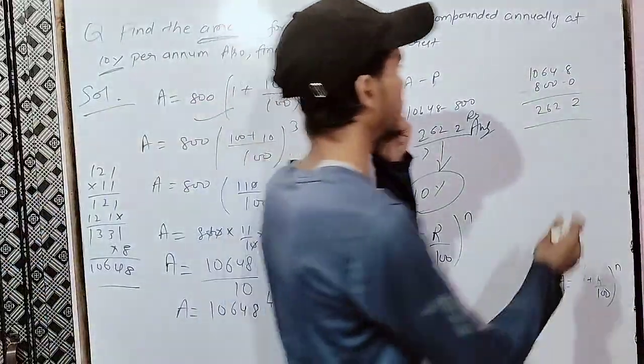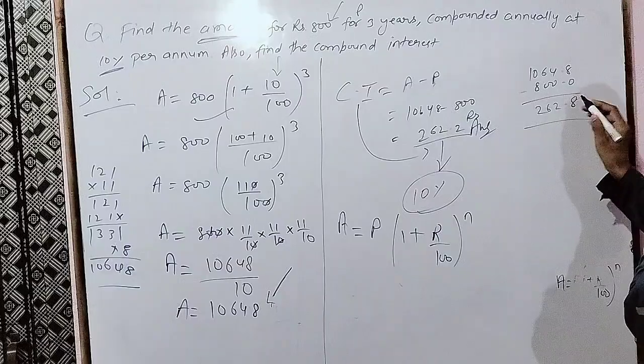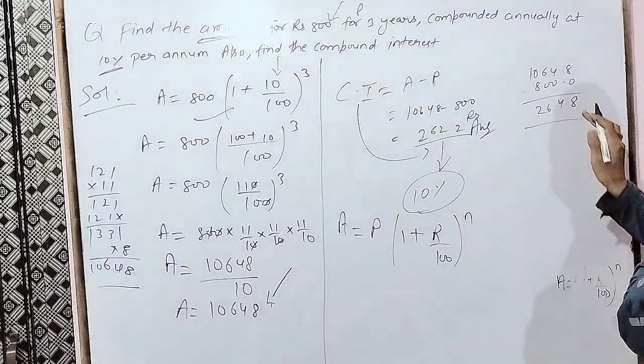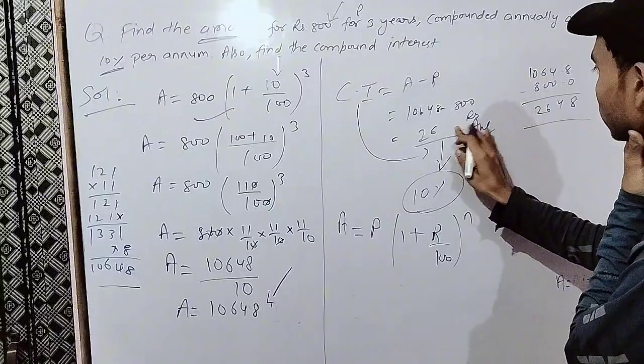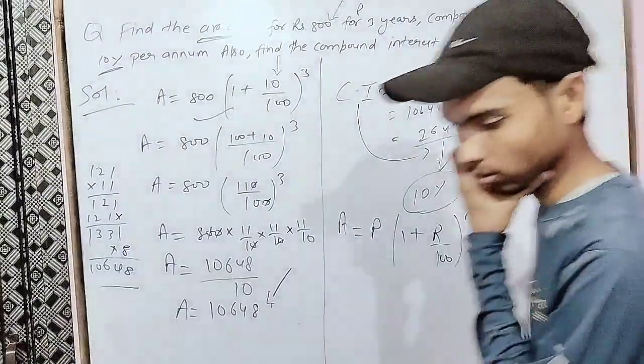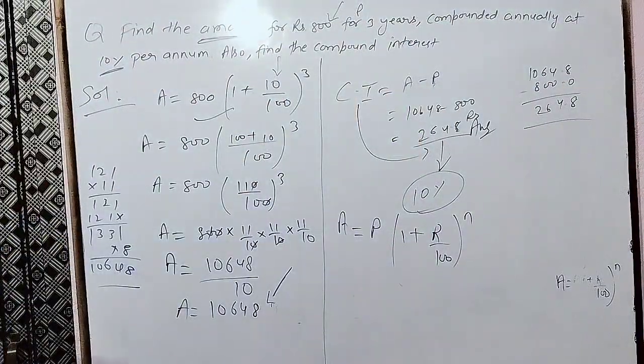Now next, here would be 8, and this would be 4. That's it. This is 264.8. Now next question.